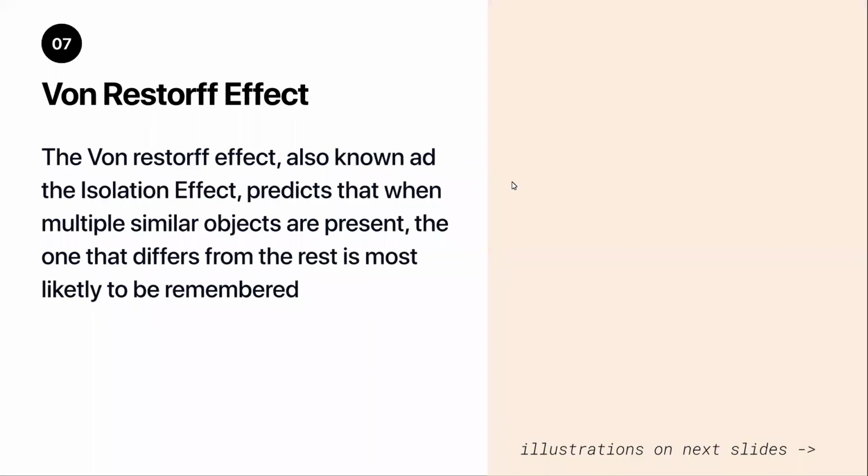Now, the next one, the von Restorff effect, also known as the isolation effect, predicts that when multiple similar objects are present, the one that differs from the rest is most likely to be remembered. That's what they apply in pricing pages.